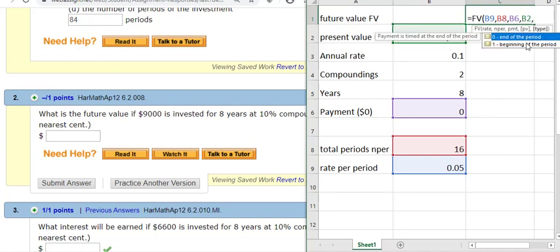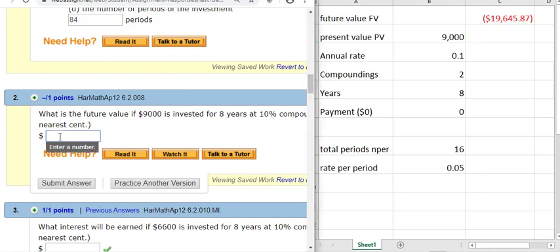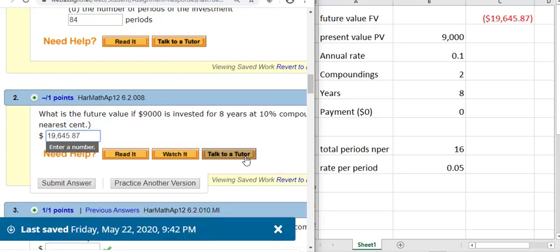The type, you can either just leave it blank and Excel will default to a 0, or you can take control of your life and put the 0 in there. $19,645.87. Don't worry about the fact that you have parentheses around it and that Excel thinks it's negative. We will deal with that in the next section. $19,645.87.